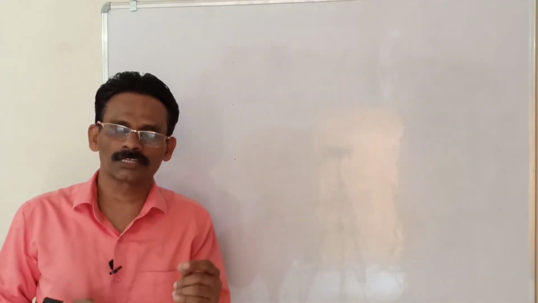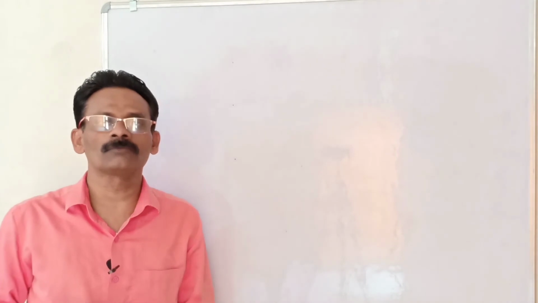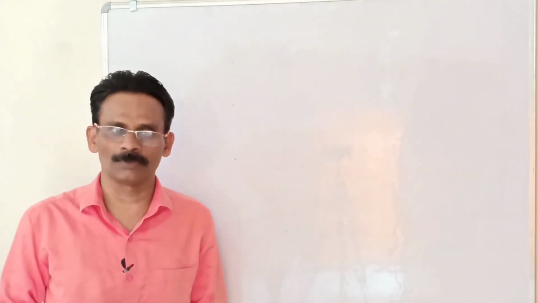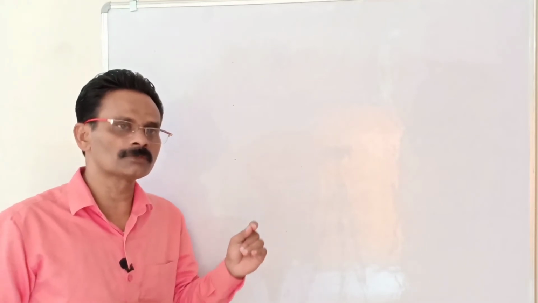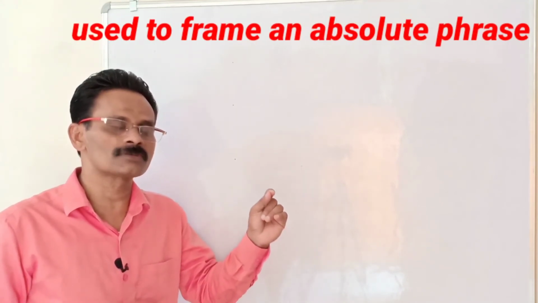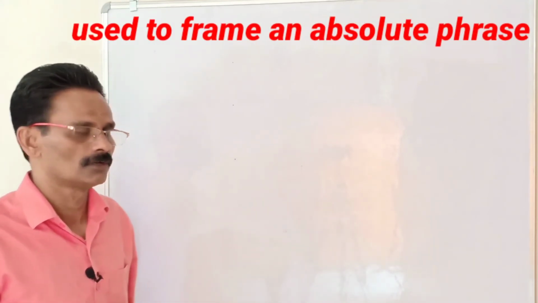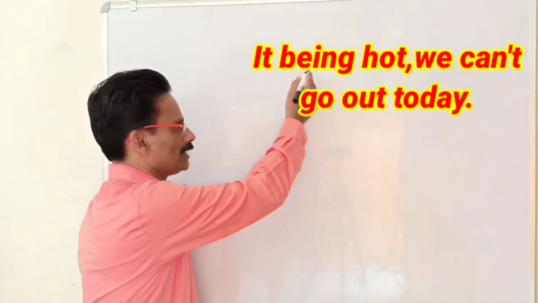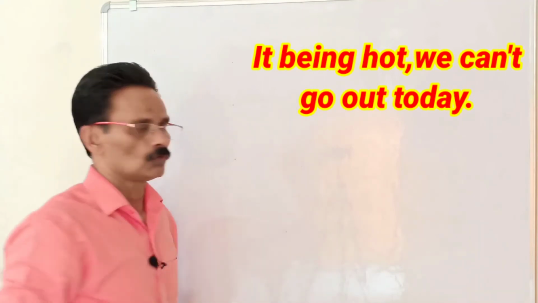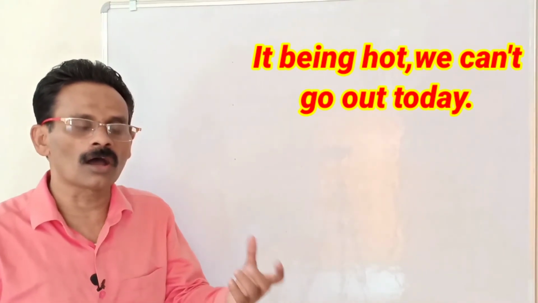Now, let's learn the next use of the present participle. The present participle can be used to frame an absolute phrase. Look at it being hot. We cannot go out today.